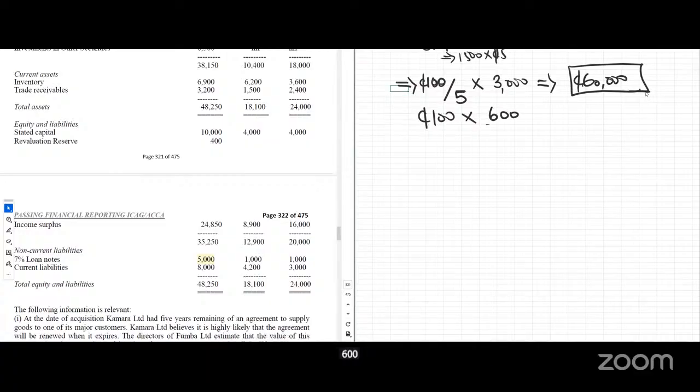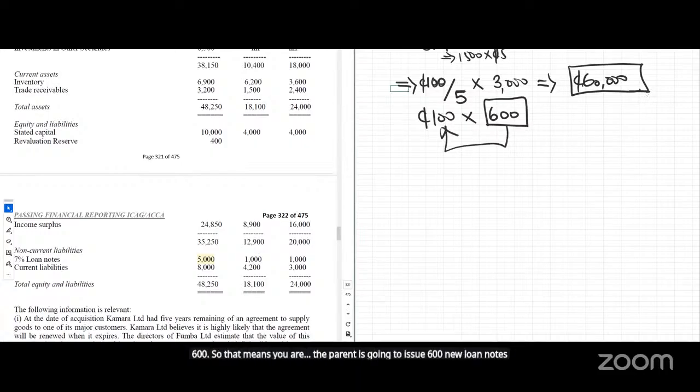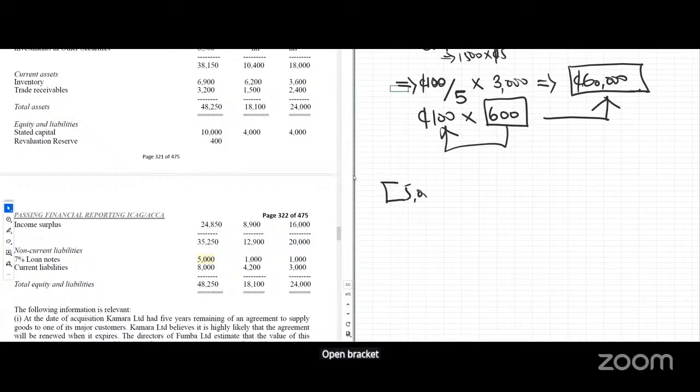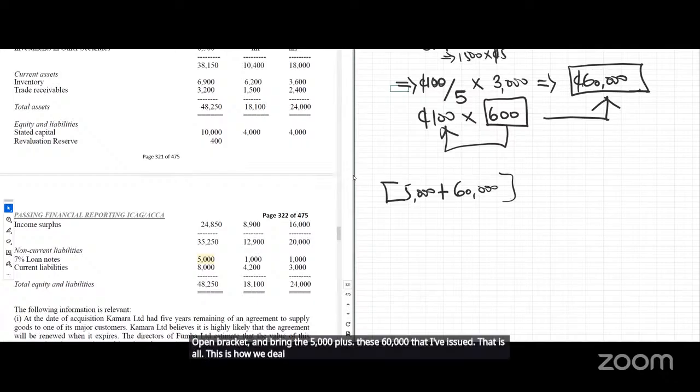So that means the parent is going to issue 600 new loan notes at 100 CDs each. And that gives us 60,000. So when I get to 7% loan note, I'm going to open bracket and bring the 5,000 plus this 60,000 that I have issued. That is all. This is how we deal with loan notes.